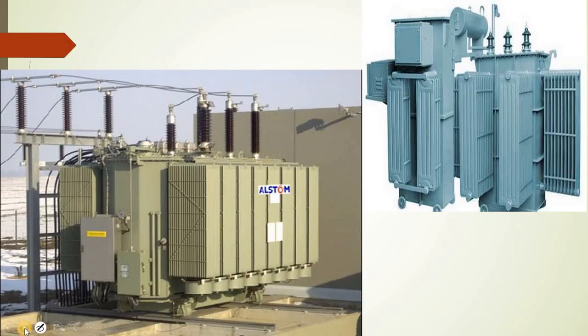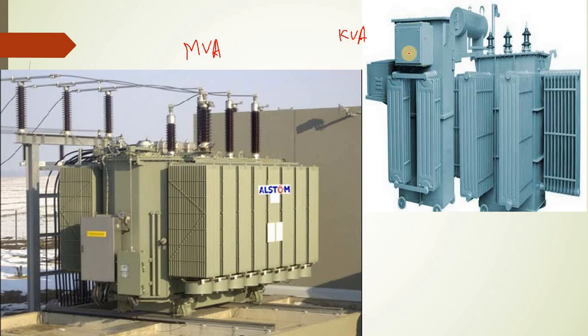Next you can see here the comparison between the distribution side transformer and the generating station or power transformers. These are very huge capacity transformers, with ratings in MVA, and the distribution ones have ratings in kVA.